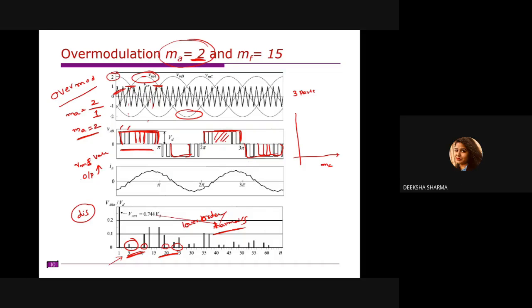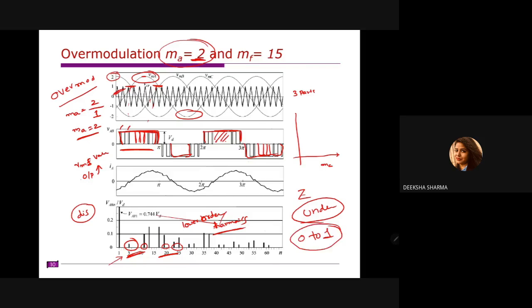Sir, I have a doubt. In a PWM scheme, how do we select the region of operation? Like, do we have to select the MA value for under modulation or over modulation? See, normally we operate all the time in under modulation. When we are designing an inverter, we make sure that it is operating between 0 to 1.